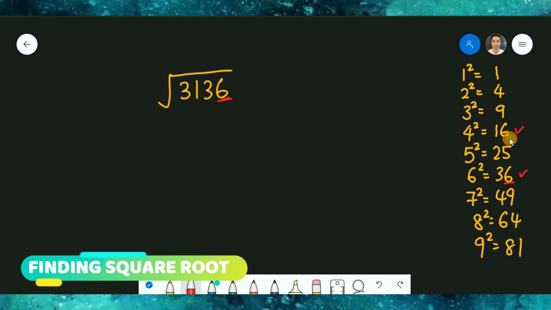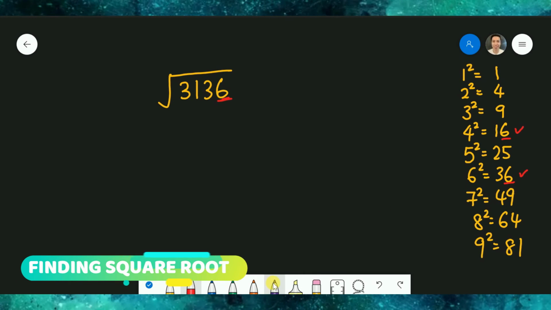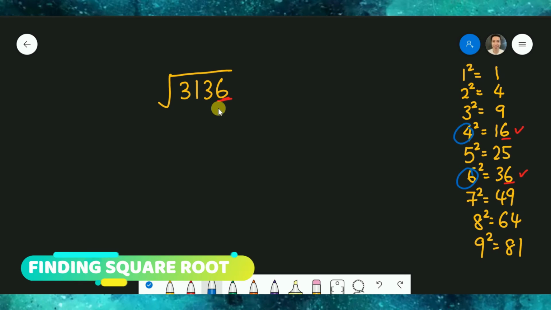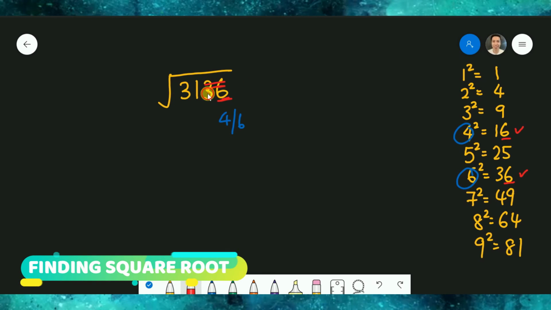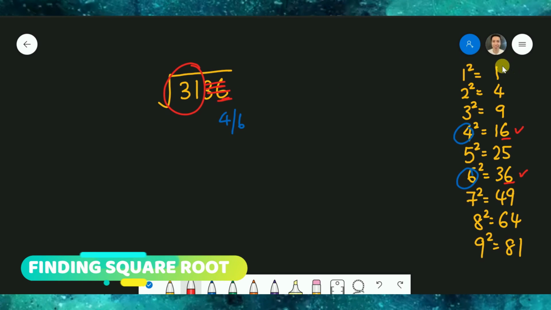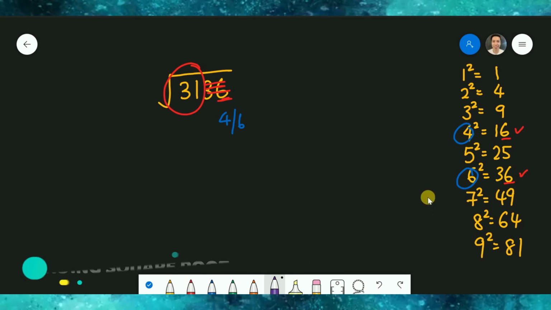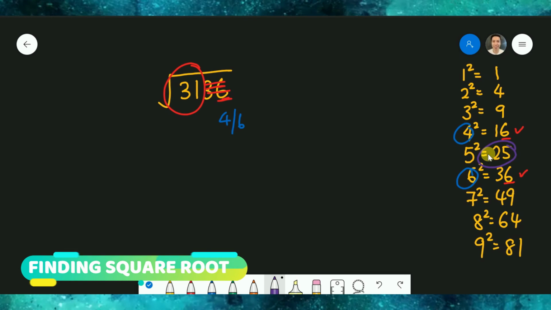So without any further delay, we write down 4 and 6 as our last digit. Next, we cancel off these 2 numbers from the back. So we have 31 eventually, and we need to compare from the list here. It's very obvious 25 is closer to 31, isn't it?